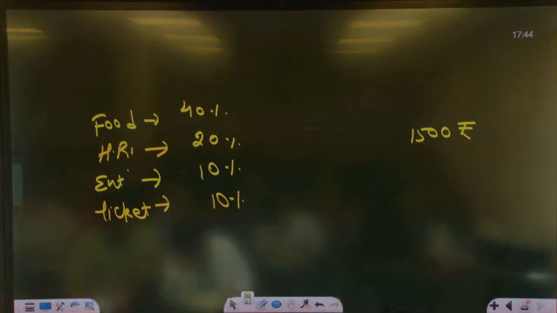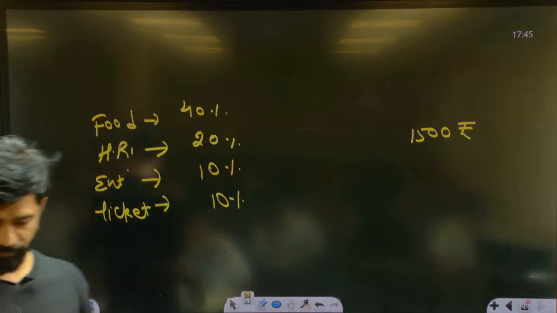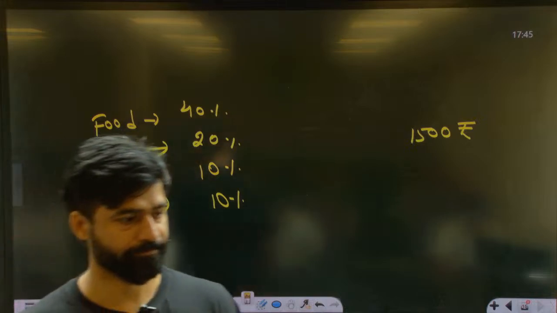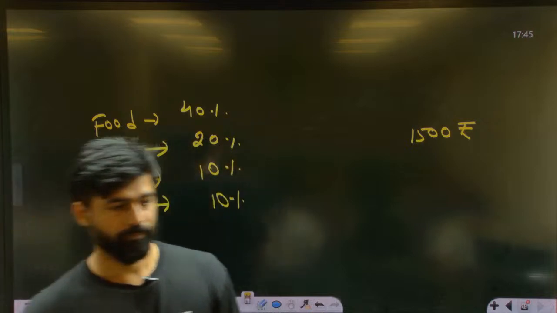So 1500 is the value of 20% only. Got it? Done? Very good.